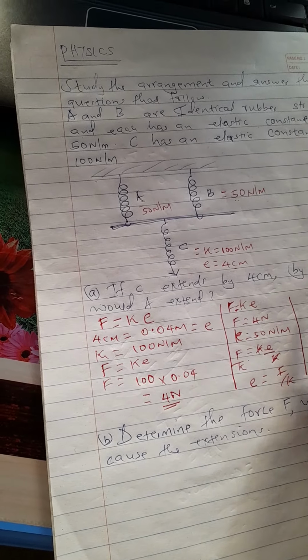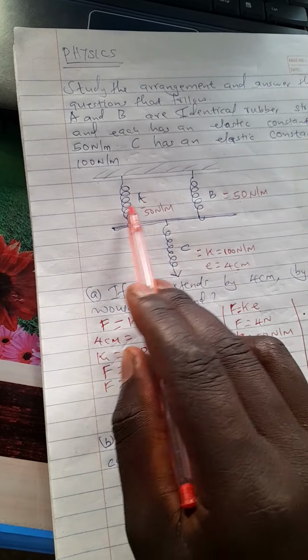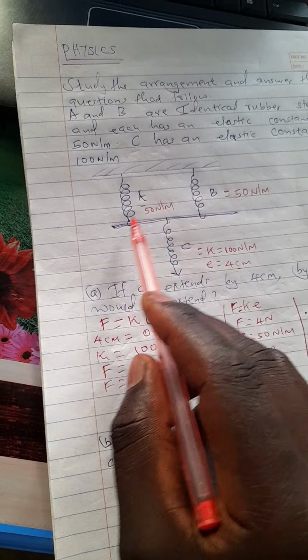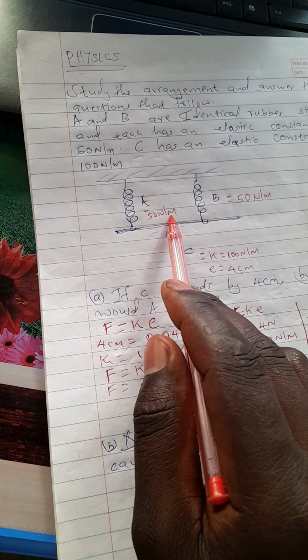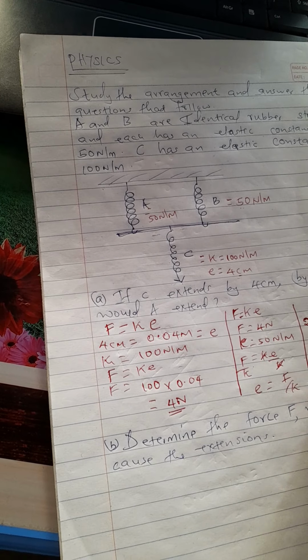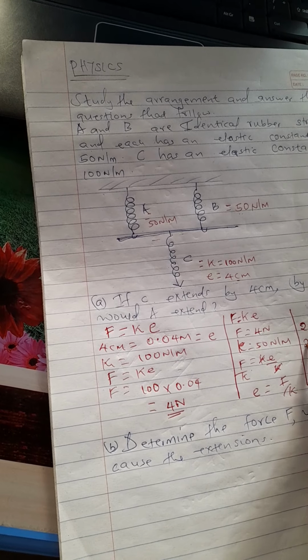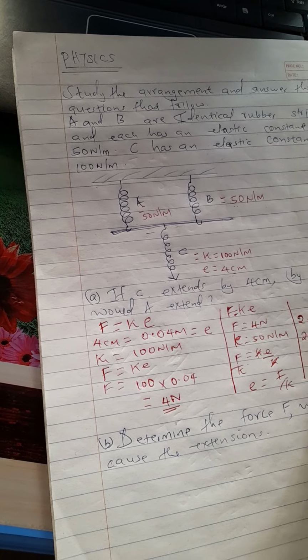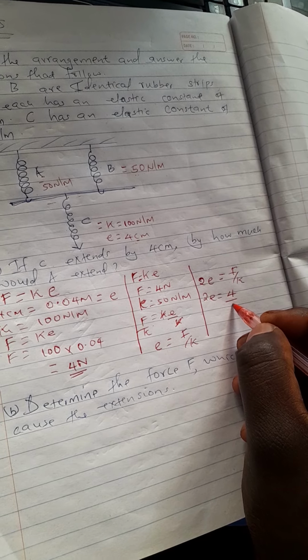But now there are two springs which are sharing the weight down here. Since the springs are 2, we will say 2E. So extension equals force over the spring constant. So 2E will be equivalent to, our force is 4 and our K is 50.